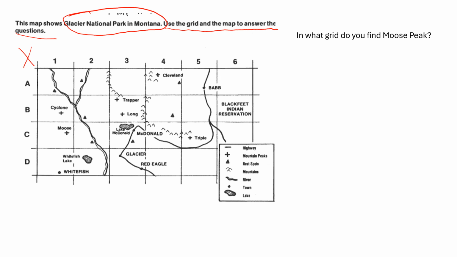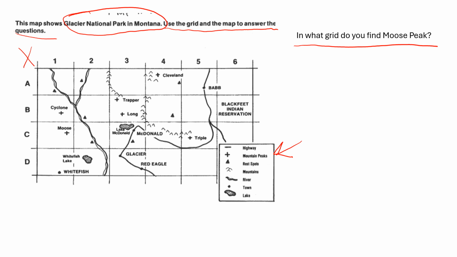So in what grid do you find Moose Peak? You have to look really carefully to find Moose Peak on your map. And you'll need your legend to help you. Okay, Moose Peak. All right.